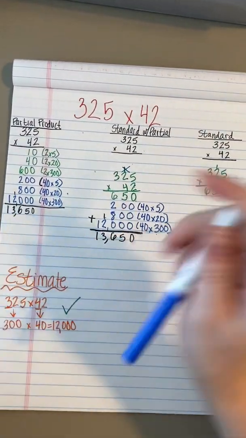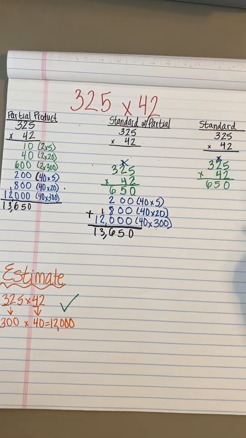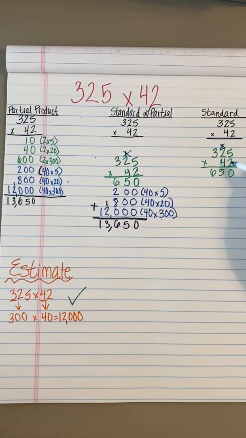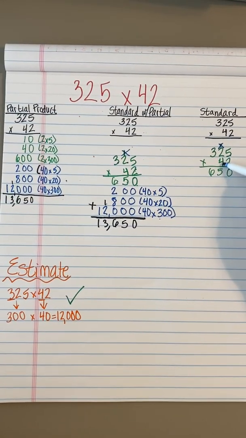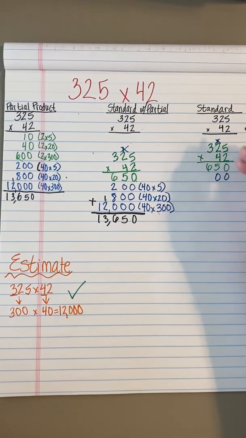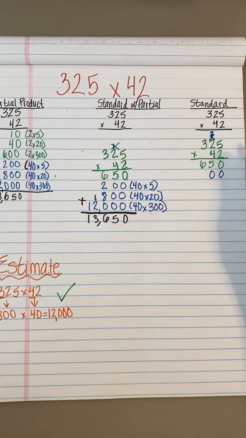And then as I move to our 4 tens, again, it's important that we cross out that regrouping from our first part of our problem. And now we're going to multiply 4 tens times 5. Again, that was 200. And we're going to regroup those 200s and place them up here.